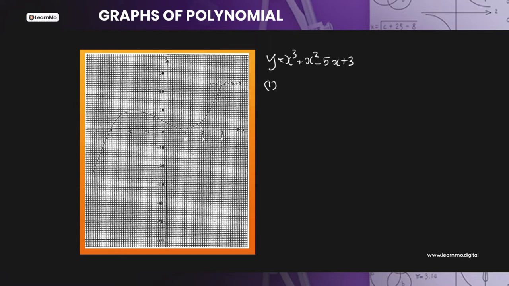Then the 5 is somewhere up here. So this is 10, and 5 is in the middle here. 1, 2, 3, 4, 5. So this is 5.